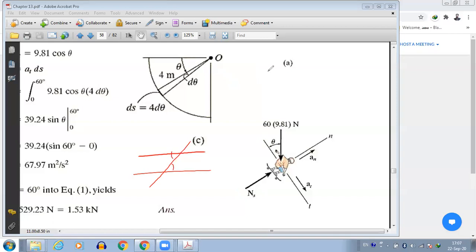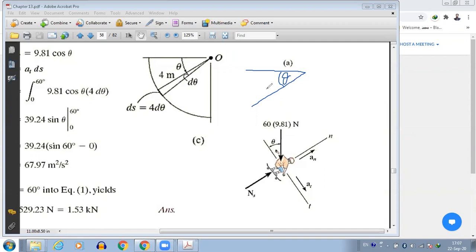What you're saying is also okay, but let me explain it the way I explain things. This line and this line are making an angle theta. If two lines make an angle theta, then their perpendiculars will also make theta.